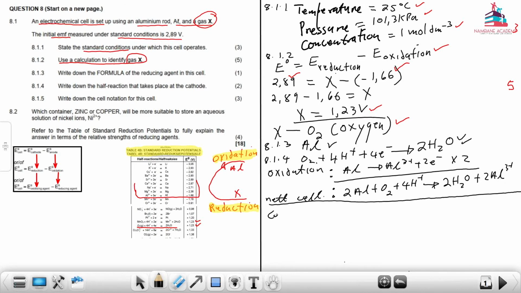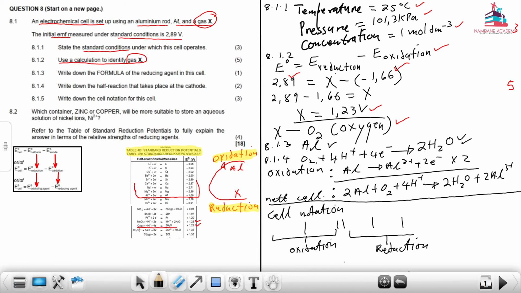Our cell notation is phase boundary, salt bridge, phase boundary, and another phase boundary. So this side is related to oxidation, and this side here is related to reduction.